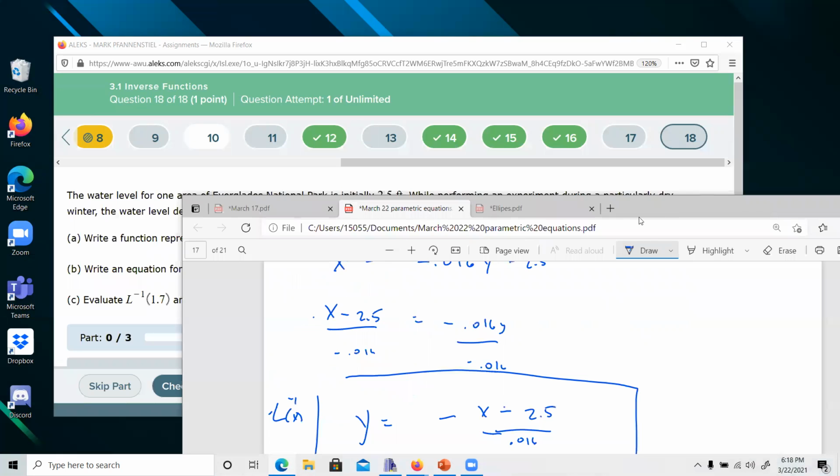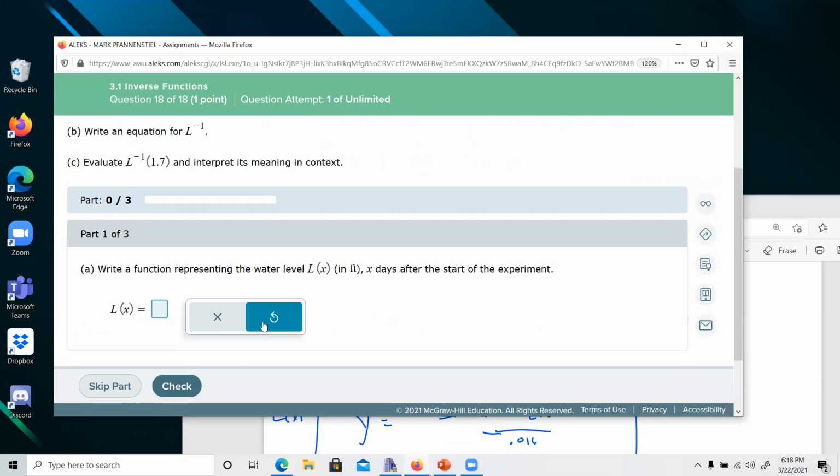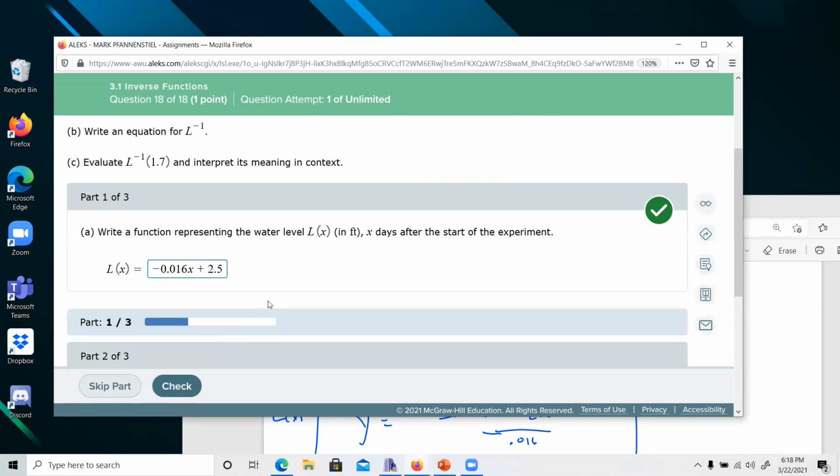So let's see here. All right, L. Okay, so L is just equal to negative 0.016x, because I know it yells at me if I don't put the leading 0 there, plus 2.5. Fortunately, everything's in feet. We're good.